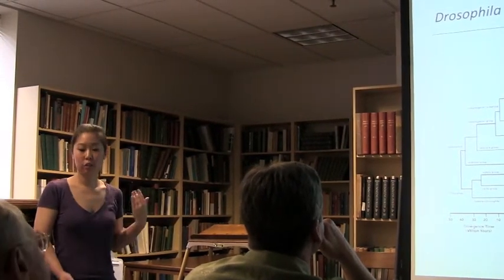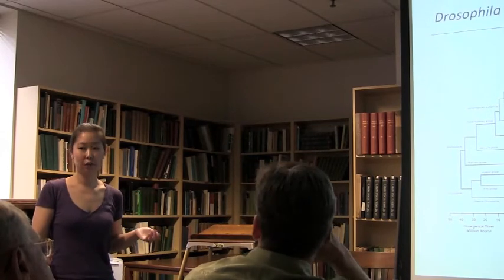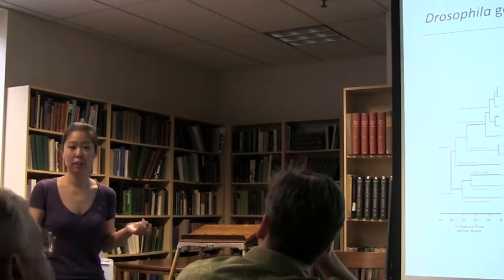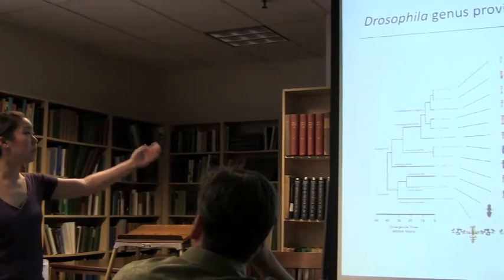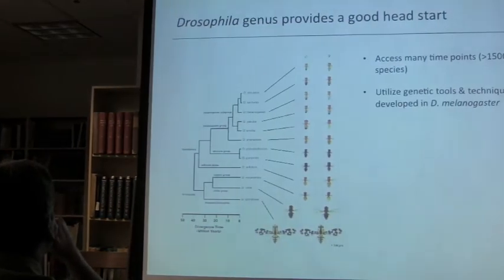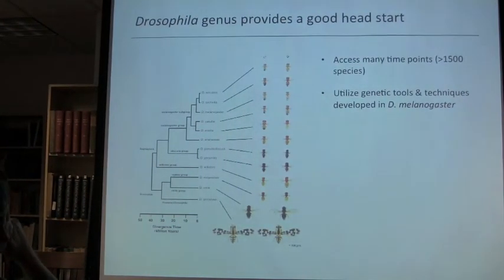But the Drosophila genus is made up of over 1,500 species, and so you have access to many, many time points that you can pick. And also, we can't ignore that we can utilize the genetic tools and techniques that we've developed in Drosophila melanogaster, and so already have a head start at developing non-model systems for use in speciation.